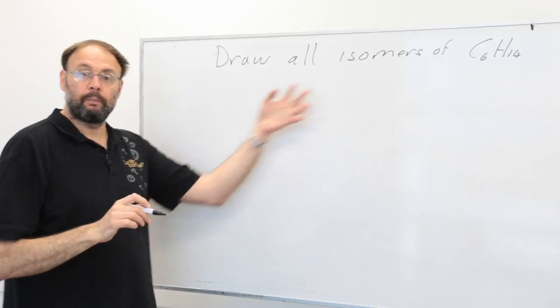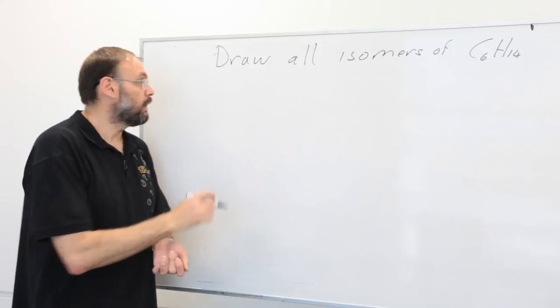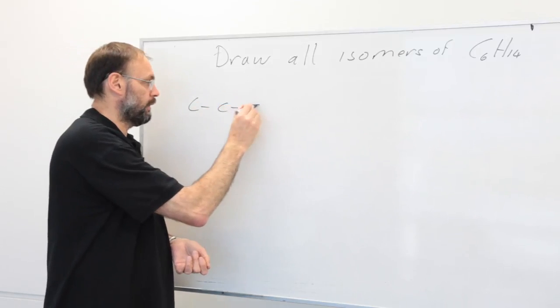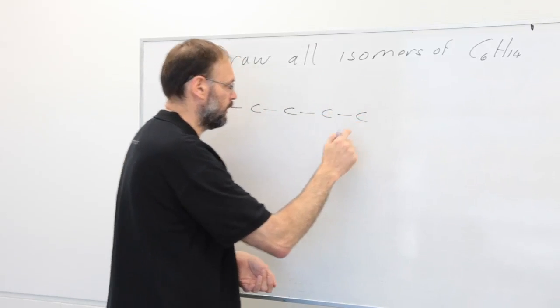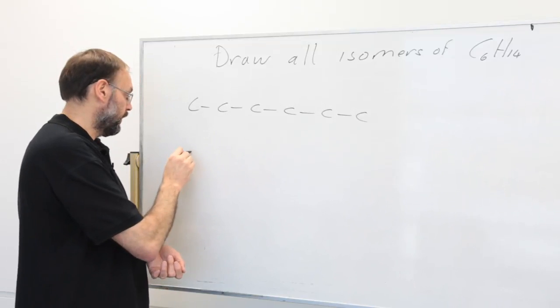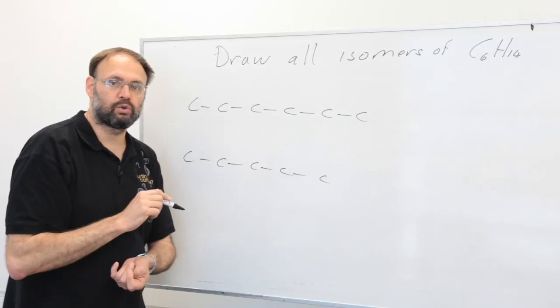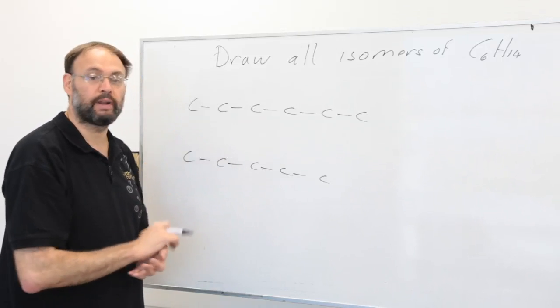Now, there are many ways of doing this. One of the ways I would recommend is you start by drawing out, obviously 6 in a row, 1, 2, 3, 4, 5, 6. Then we can have 5. I'm taking a shortcut here and not putting in the hydrogens. You can add them in later.